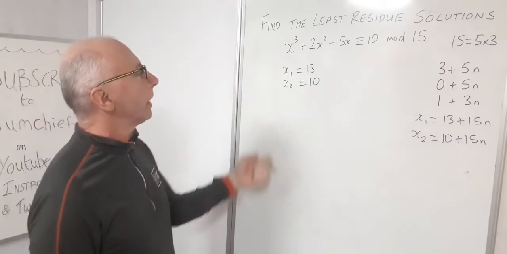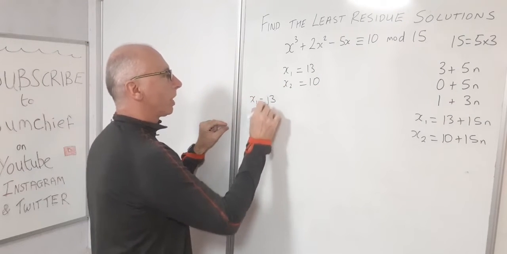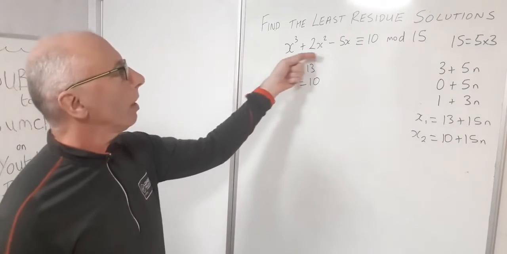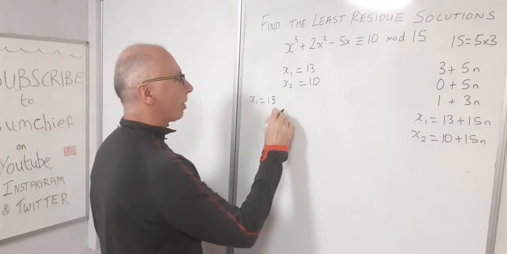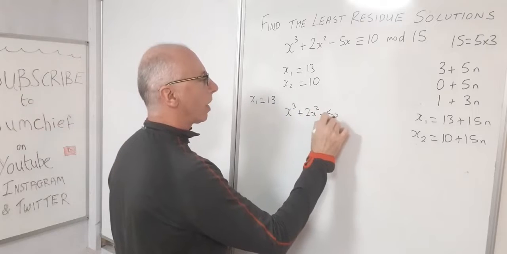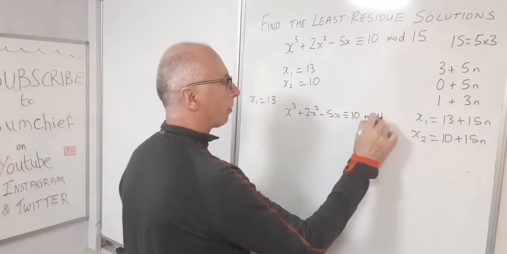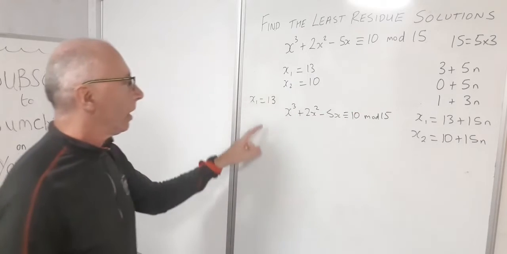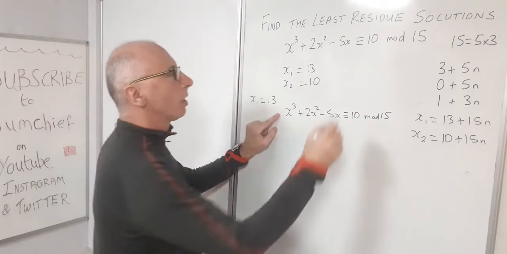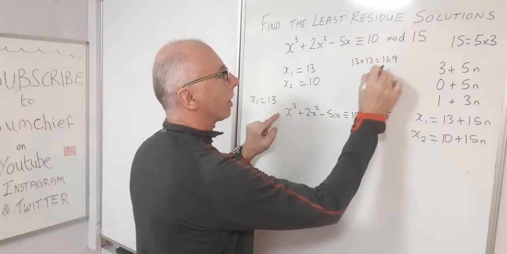Now one thing we can do here, we can just plug these in and check what we get. So let's try x1. So x1 equals 13. Let's plug in 13 and see if it's congruent. So x cubed plus 2x squared minus 5x is congruent to 10 modulo 15. Well, 13 cubed. So 13 times 13 is 169.